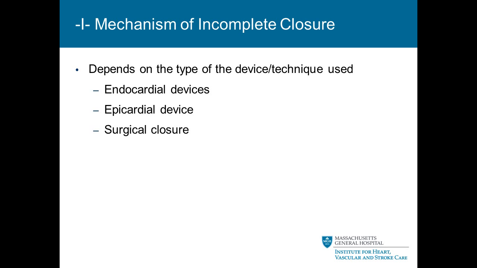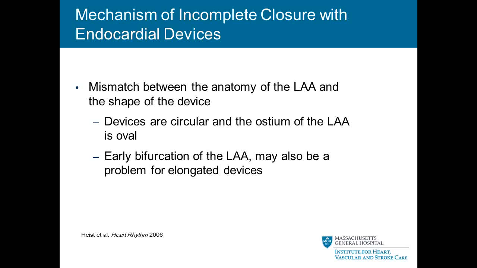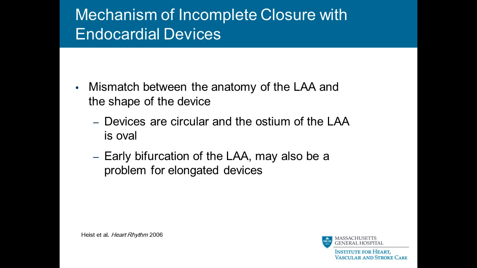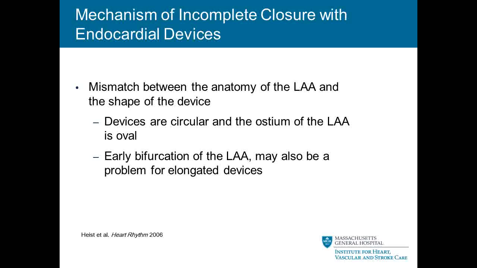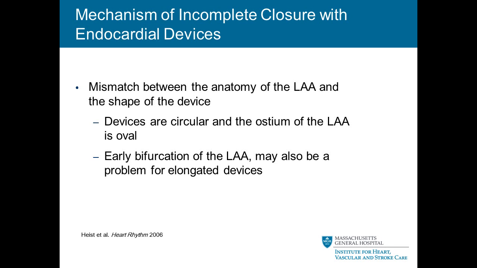We'll start with the mechanism, and the mechanism of incomplete closure depends on the type of the device or the technique used. So it is different for endocardial devices compared to the epicardial device, compared to surgical closure. And we'll talk about each of them in the next few slides.